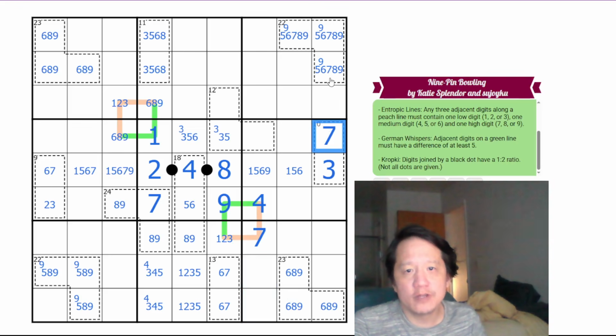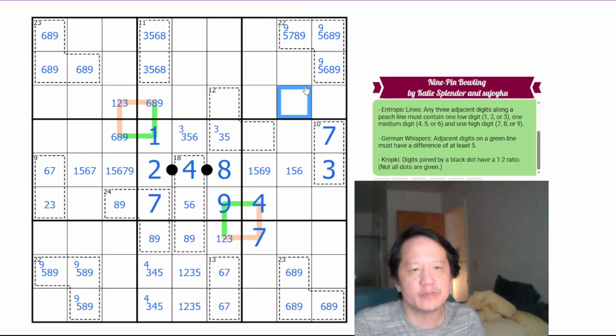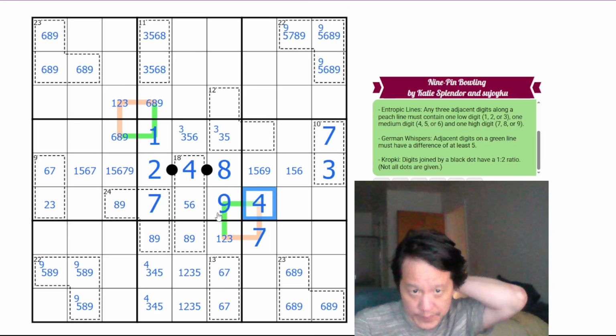So if this is 6, 7, and 9, this would have to be a 7, so this can't be 6. This is 4. This is 1.